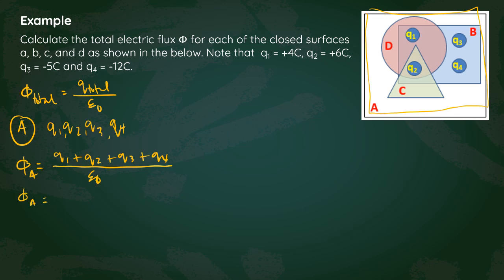That will be Q1 is positive 4 coulombs plus Q2 is positive 6 coulombs plus Q3 is negative 5 coulombs plus Q4 is negative 12 coulombs.